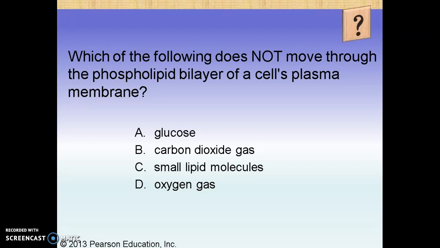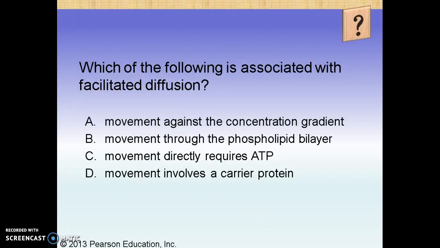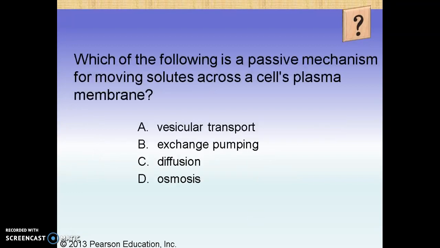Which of the following does not move through the phospholipid bilayer of a cell's membrane? Glucose. Which of the following is associated with facilitated diffusion? Movement involves a carrier protein. Which of the following is a passive mechanism for moving solutes across a cell's plasma membrane?